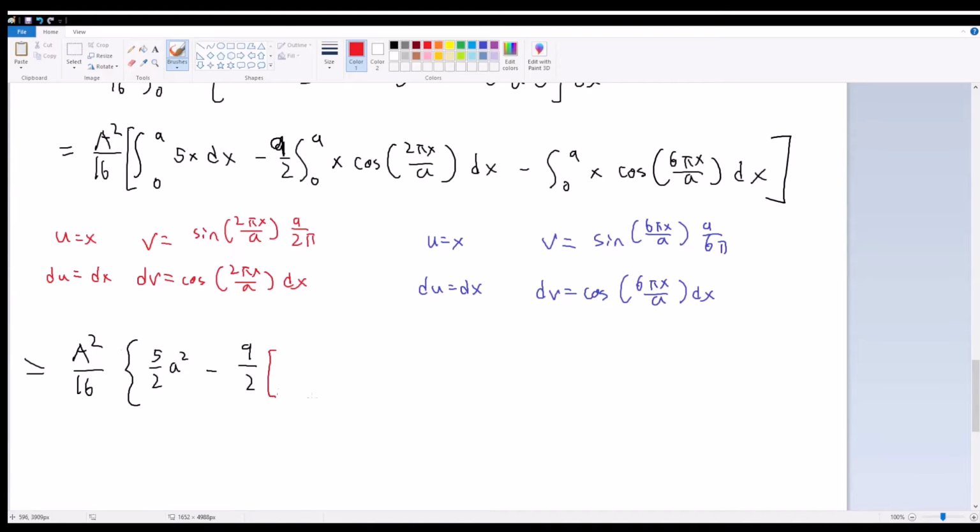So a over 2 pi times x sine 2 pi x over a evaluated from 0 to a. Immediately I see at a we have sine of 2 pi, and at 0 we have sine of 0, so those always equal 0. So the boundary term just goes away. So it's uv minus the integral of v du. So negative integral from 0 to a of a over 2 pi sine 2 pi x over a times dx.